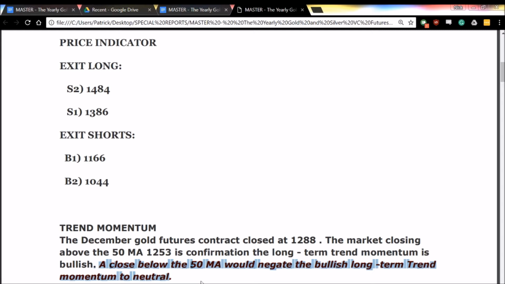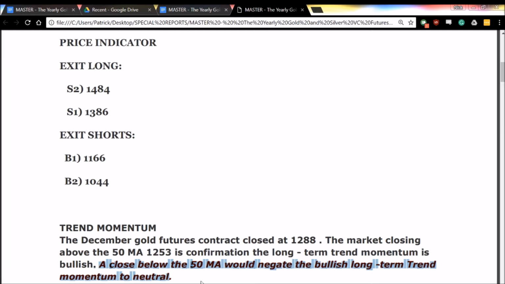So in using moving averages, the 50-day moving average is the first pivot point that we use to identify a shift in the long-term trend of the market.